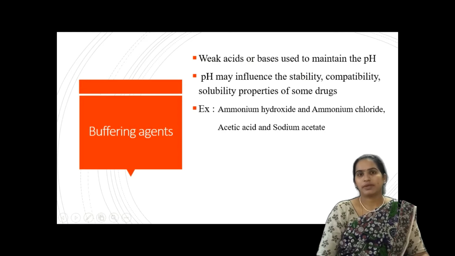So to maintain the pH in the desired range, buffering agents are used, as pH may influence the stability, compatibility and solubility of some drugs. Examples of buffering agents used in pharmaceutical aerosols are ammonium hydroxide and ammonium chloride, and acetic acid and sodium acetate.